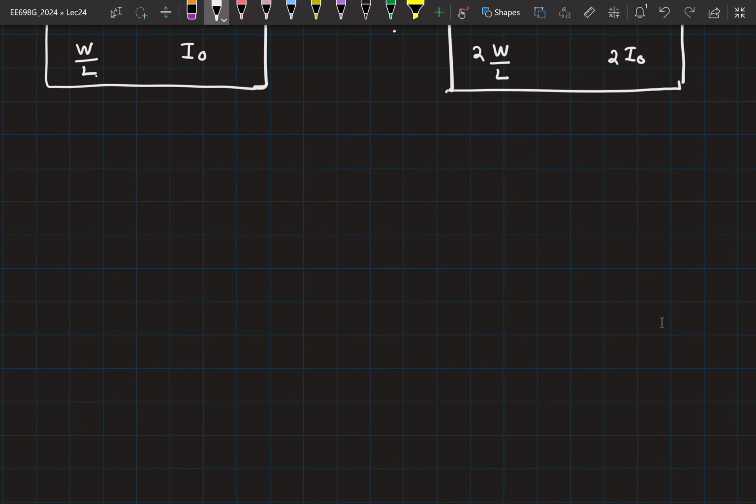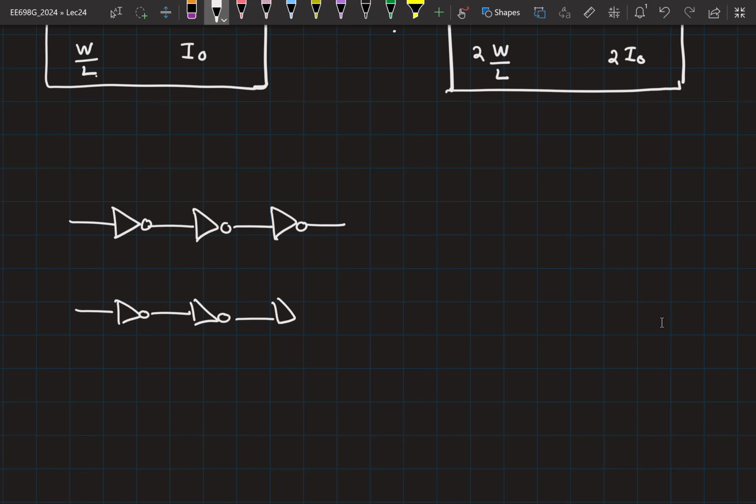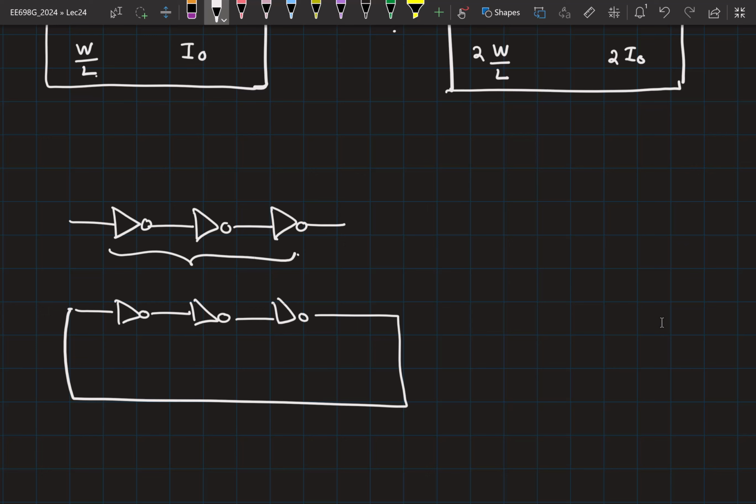So let's say I take an oscillator like this. Sorry, I take a delay line. I have three inverters. Now, if I take these three inverters and connect them in a loop, this becomes your ring oscillator. Now, there will be some noise associated with all of these inverters, which is going to cause a phase noise for this delay line.